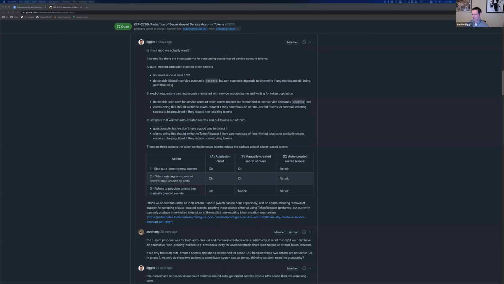By 124, the oldest supported kubelets are a version that would be using bound service account tokens, probably plus one version actually. So at that point, all pods that are running in the system would have been created on an API server version where bound service account tokens were in use. So at that point, we no longer need the auto-generated ones to mount into pods.